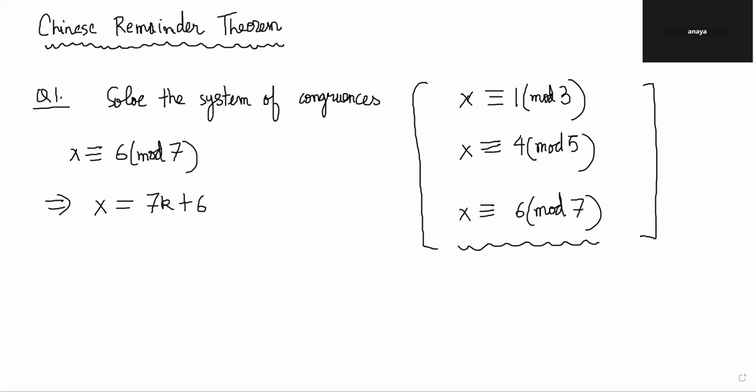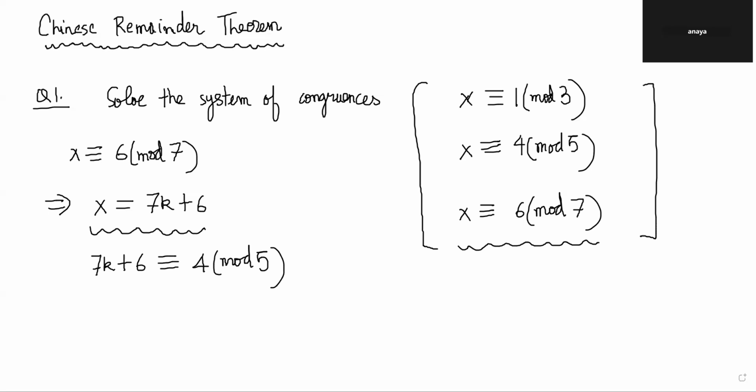Now, use that expression and put that in the second largest modulus. So 7k plus 6 should be congruent to 4 mod 5, right?